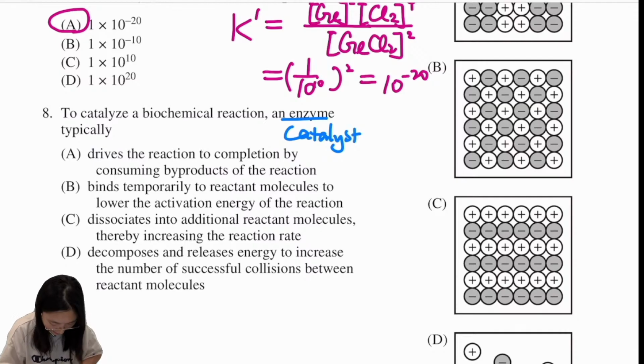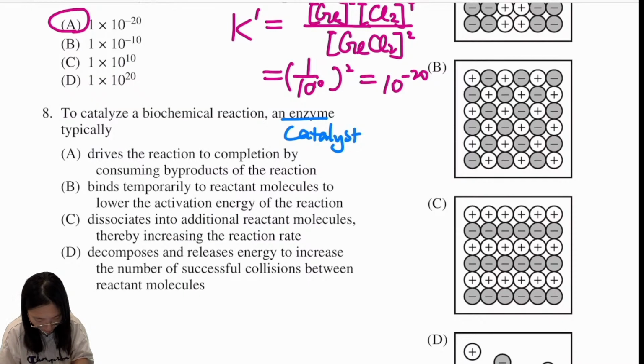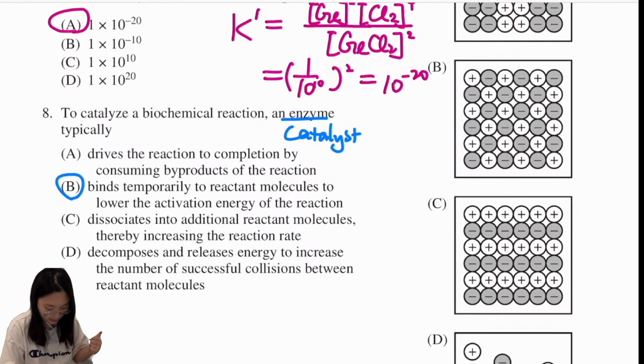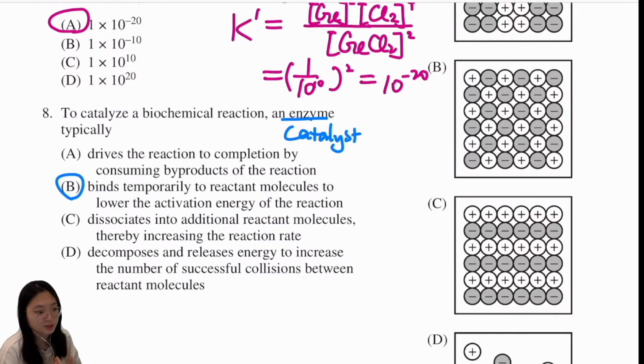So A, drives the reaction to completion, that's not right. And B, binds temporarily to reactant molecules to lower the activation energy. Yes. So it binds to the reactants and brings the multiple reactants together to one site so they can go through the reaction more easily. And then after the reaction is done, it gets detached from the reactants.